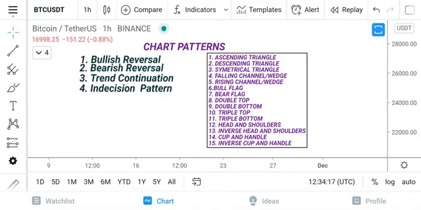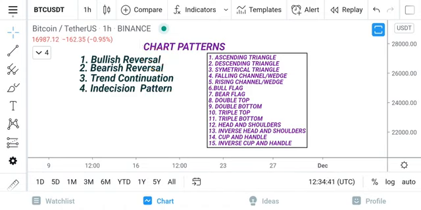These chart patterns are formed by a combination of candlesticks. So we have four categories of chart patterns. We have the bullish reversal chart pattern, bearish reversal chart pattern, trend continuation chart pattern, and indecision chart pattern.